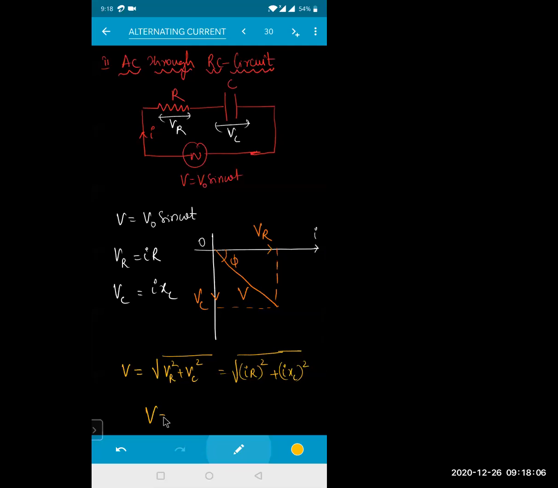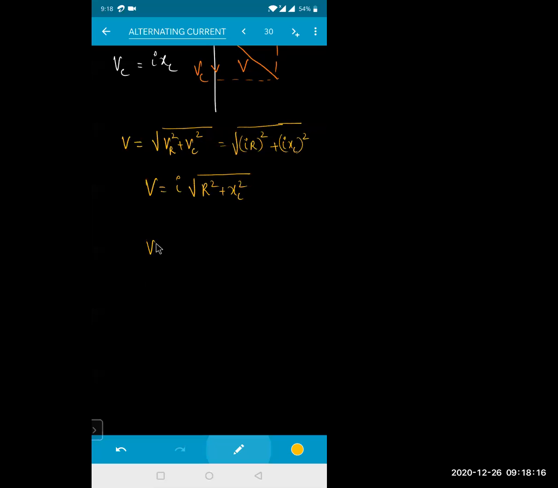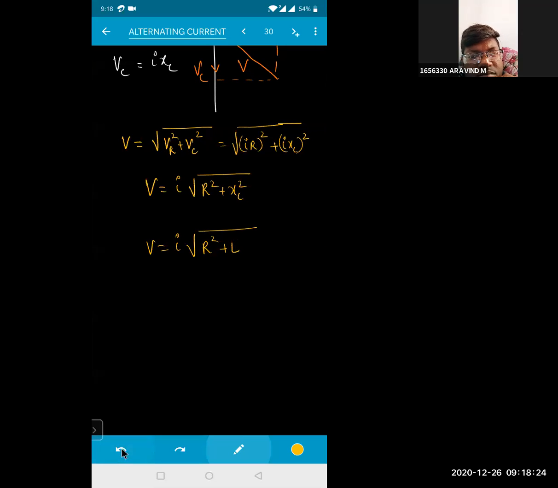So the potential V will be equal to I, bring it out, under root of R square plus XC square, isn't it? Or else I can write V is equal to I under root of R square plus XC, where XC is equal to 1 by C omega, whole square, or 1 by C square omega square.